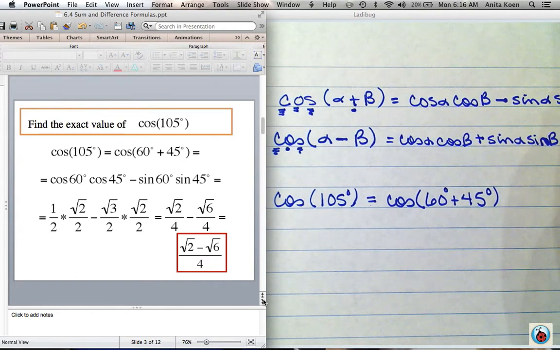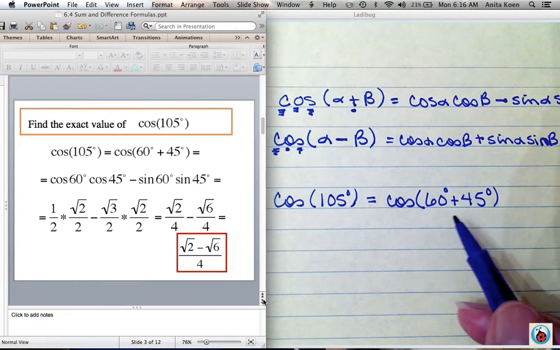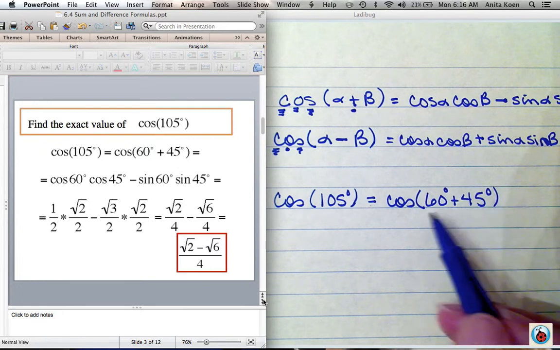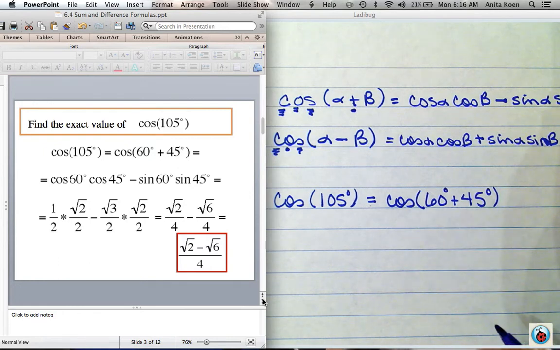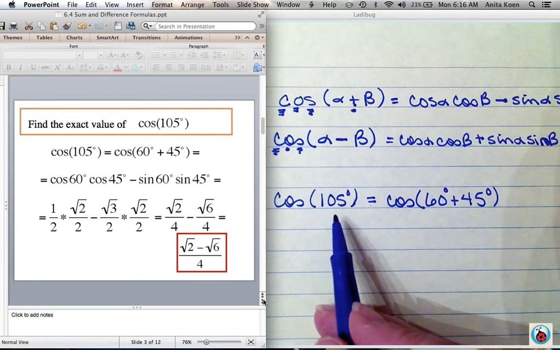Now that is not the only way you can break it down. We could have done other things, and maybe during class today we will discuss some of those other things. But 60 plus 45 is definitely 105.